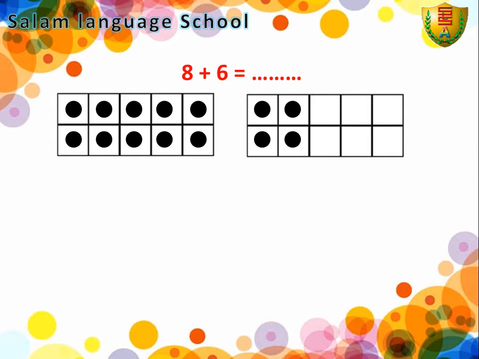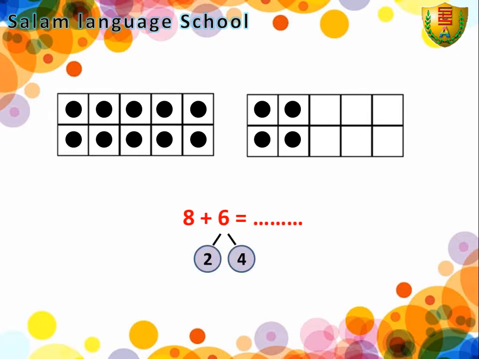We add the first 10 frame that has 10 to the second 10 frame that has 4. Adding 10 is much easier than adding these numbers. 10 and 4 is 14. Let's answer this math strategy mentally.